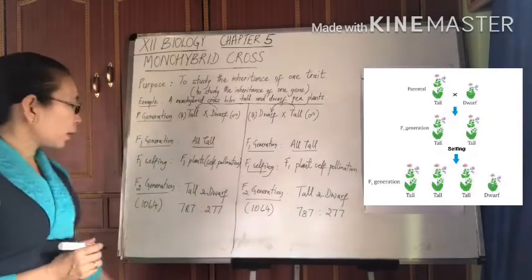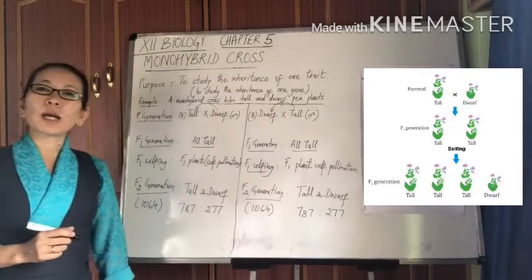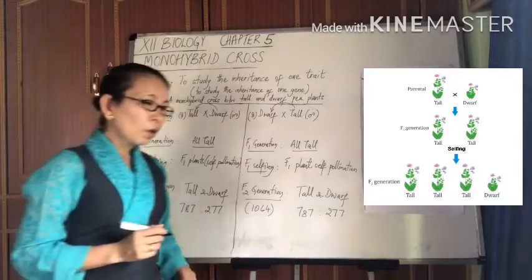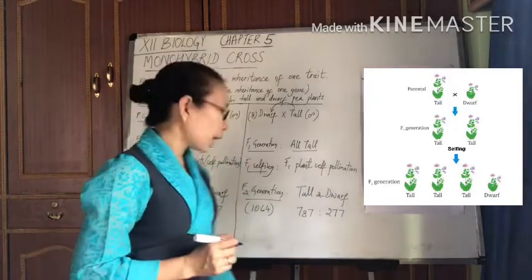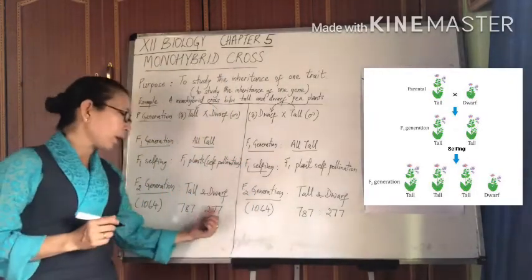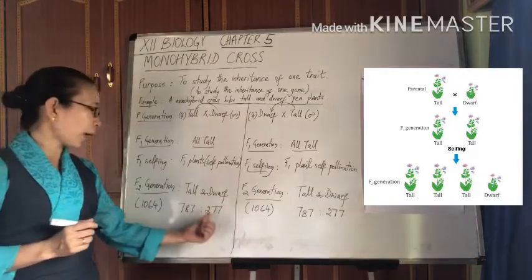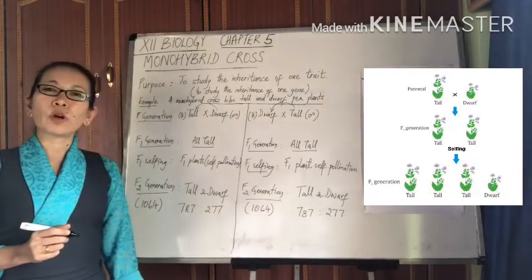So this was the exact number that he counted of his F2 generation, where 787 had the tall character and 277 had the dwarf character.